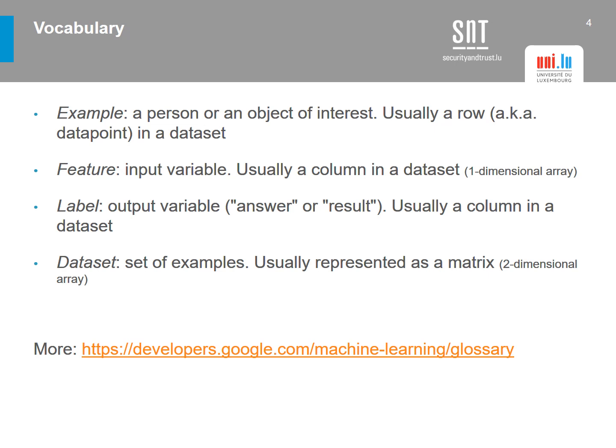Later in the lecture, we will talk about it in detail and some examples as well. A label is supposedly the output variable which we get from the model. It is the answer or the result that we want our machine learning model to produce. Usually, it is represented as a column in a dataset.